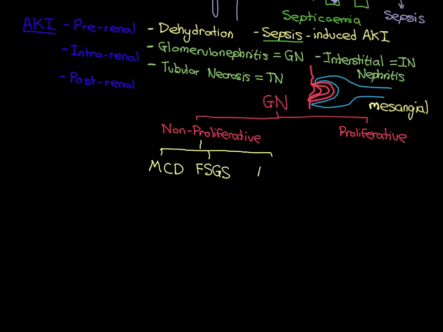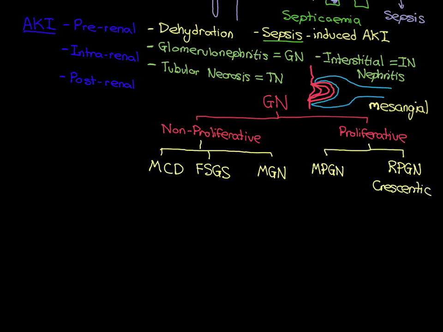And the third is membranous glomerulonephritis, MGN for short. Under proliferative glomerulonephritis, there is membranoproliferative glomerulonephritis, MPGN for short, and then there is rapidly progressive glomerulonephritis, RPGN for short, which is also called crescentic glomerulonephritis.